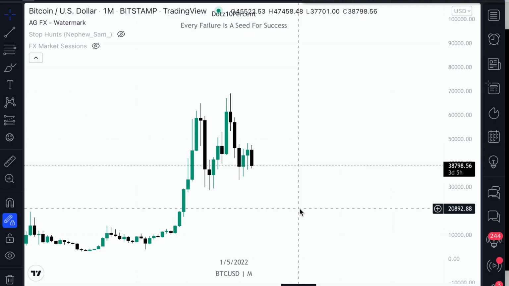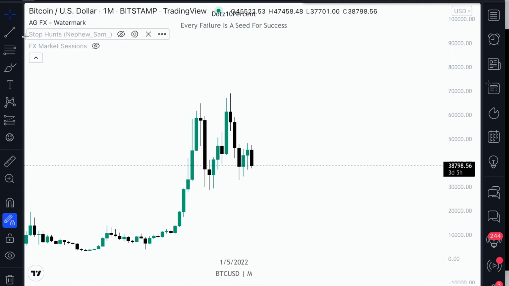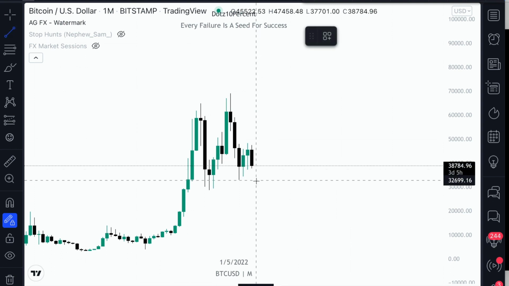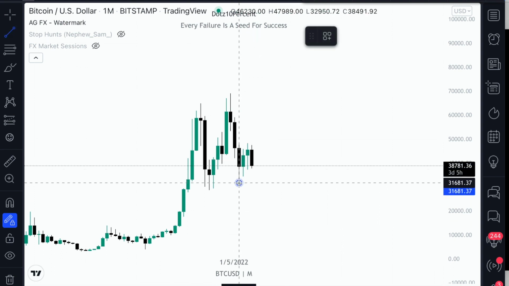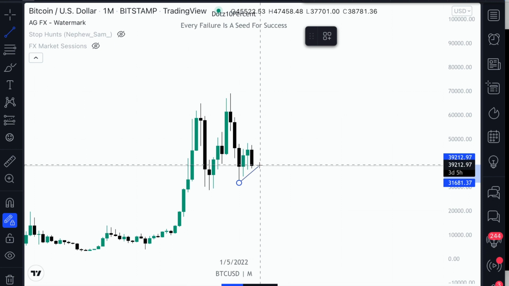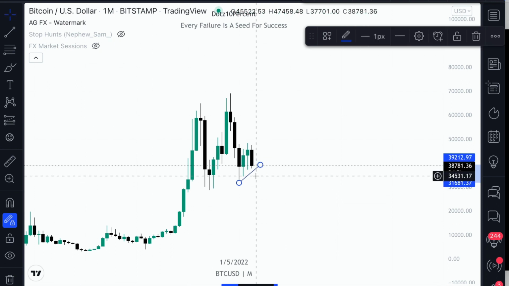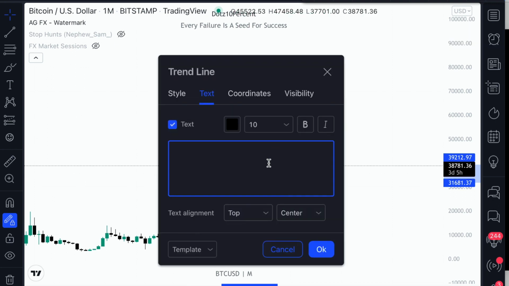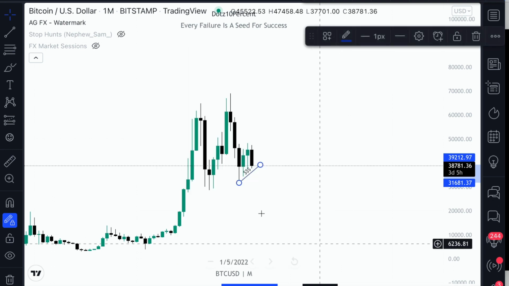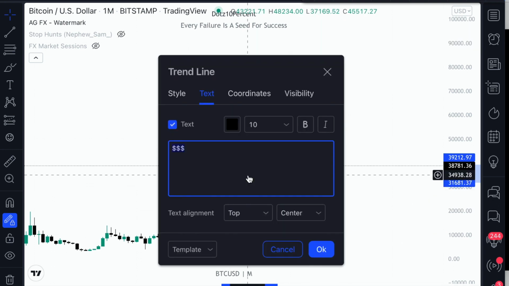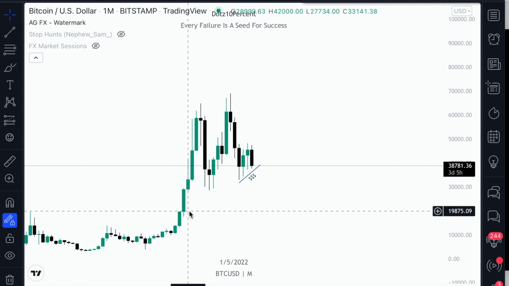Okay, so this is the Bitcoin monthly chart. I'll start by marking out, well, this is the first thing that stood out to me personally. It doesn't have to be exact, but this is trendline liquidity. You can mark this out. You'll see on a lot of people's charts something like this. That's trendline liquidity.